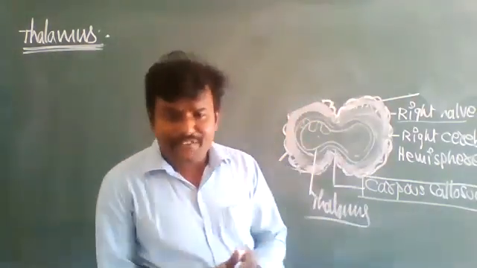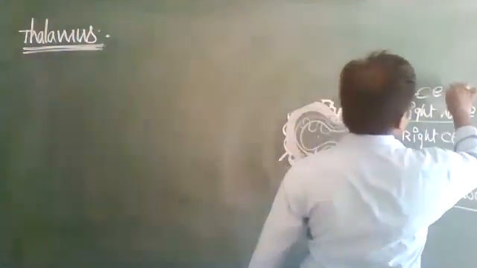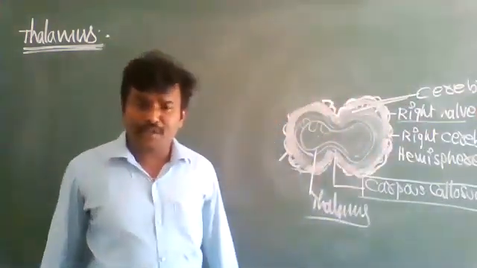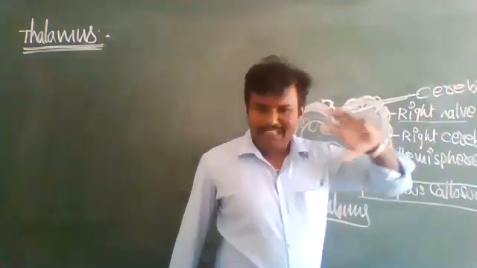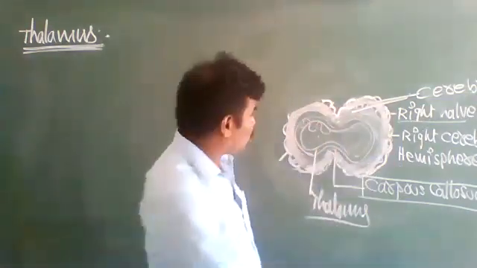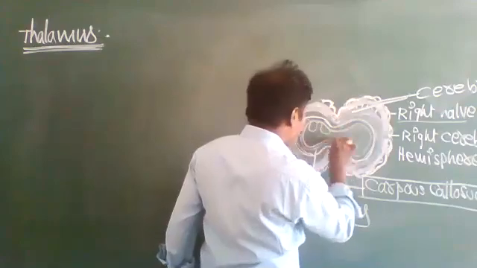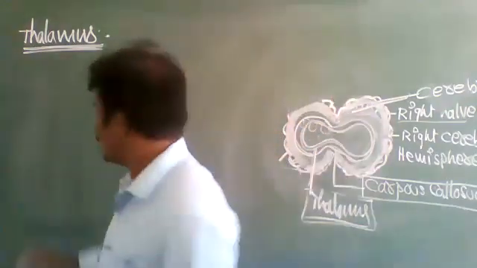Whatever the sensory information from the sensory organs passing to the cerebrum, that information must pass through the thalamus. This is the second statement.